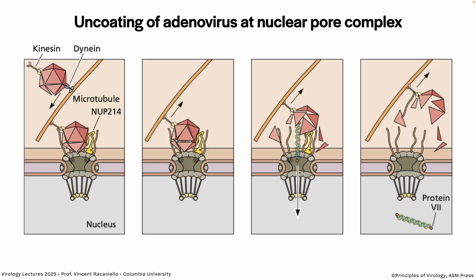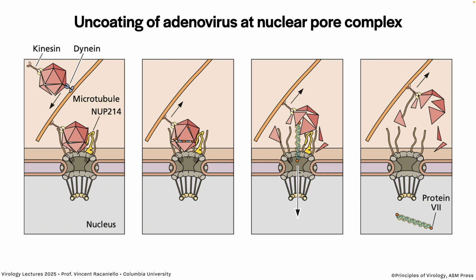Now, an interesting thing happens at the nuclear pore. Remember, the adenovirus is motored down the microtubule by dynein motors. And it's already partially disassembled, right? And then the adenovirus binds to the nuclear pore, which is right here.